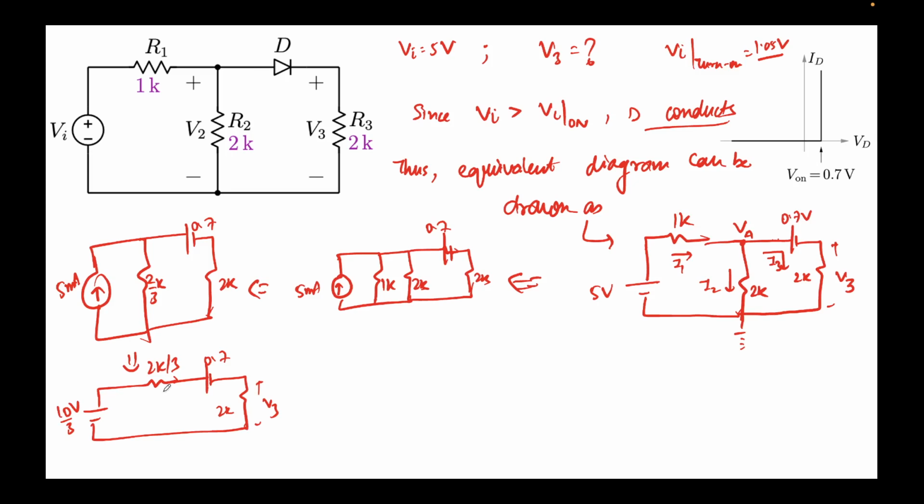Now what I can do is simply apply KVL over here and assume the current flowing here is I3, the current I3 that I assumed earlier.